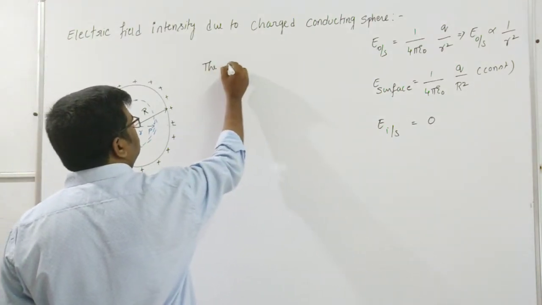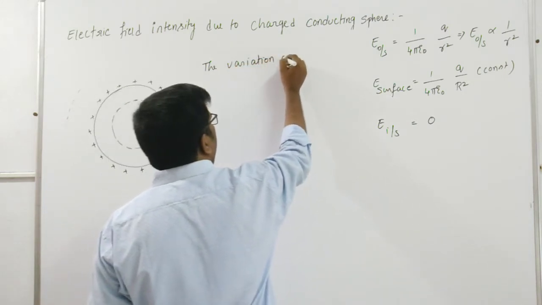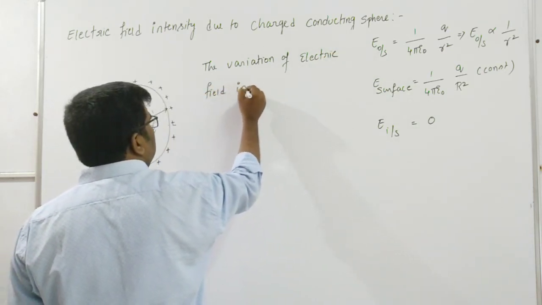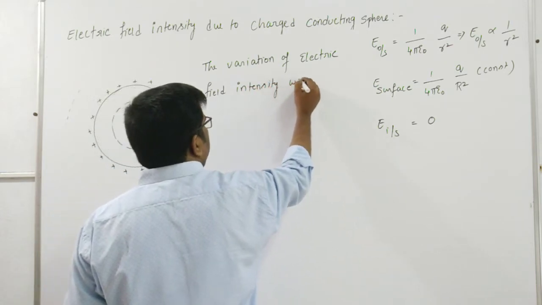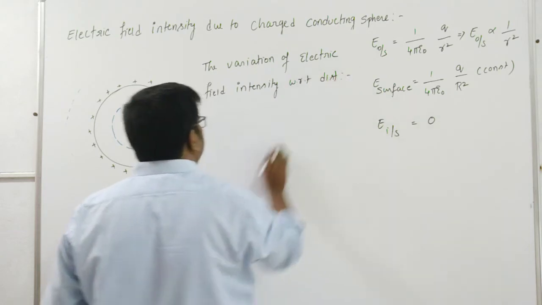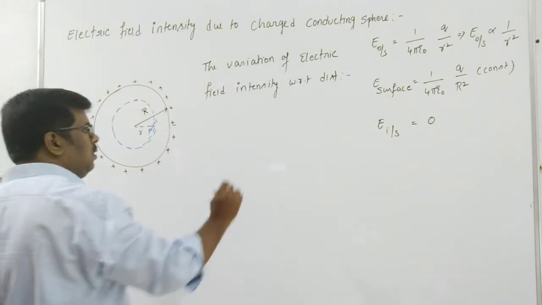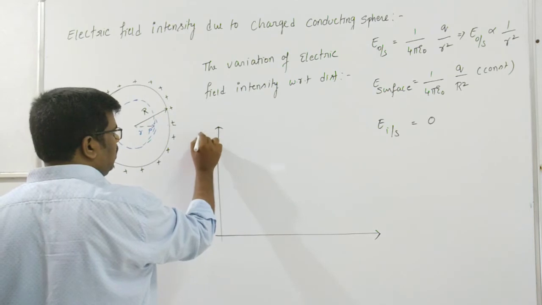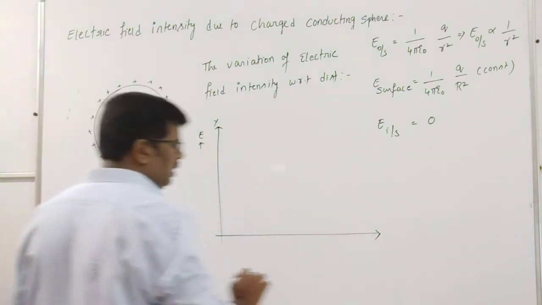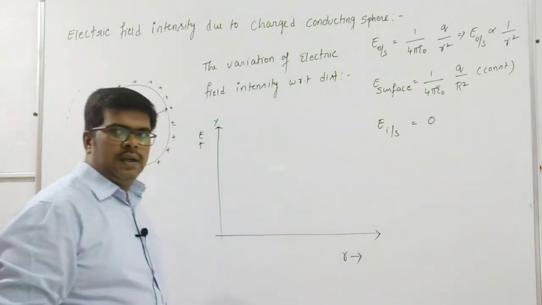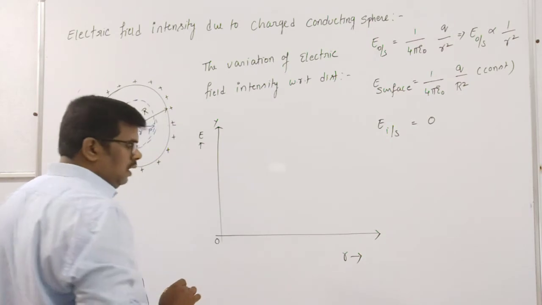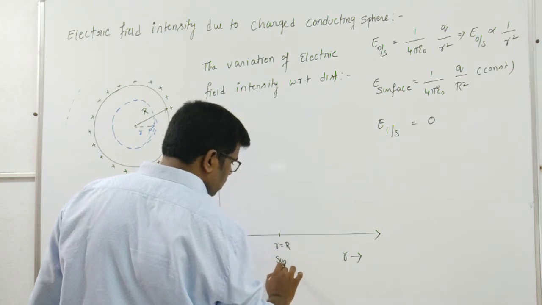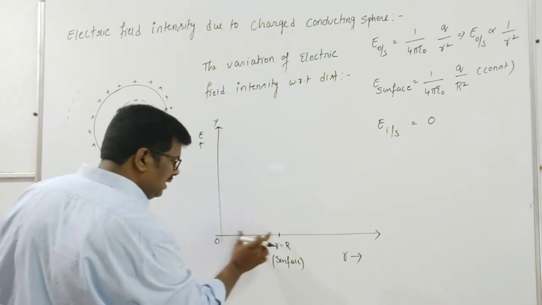Now if you keep these things in mind, and you draw the curve, we'll get it like this. The variation of electric field intensity with respect to distance: the curve becomes like this, by taking electric field intensity on the y-axis and distance on the x-axis. From the exact center to the surface, that is r less than or equal to capital R, this region is inside the sphere.